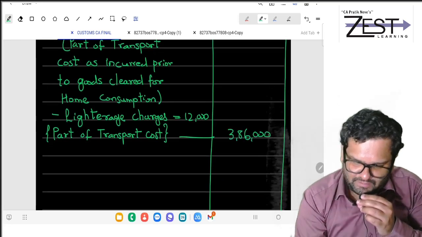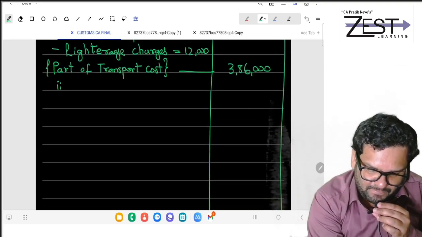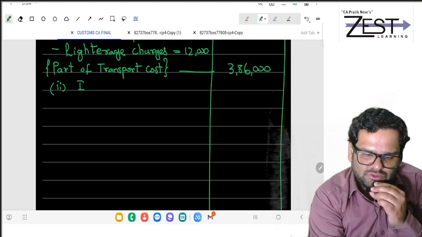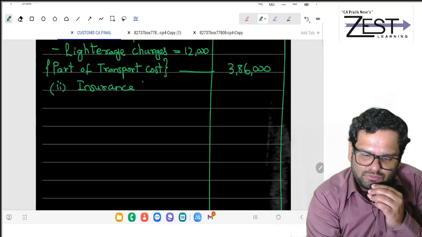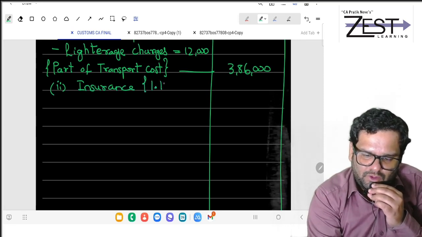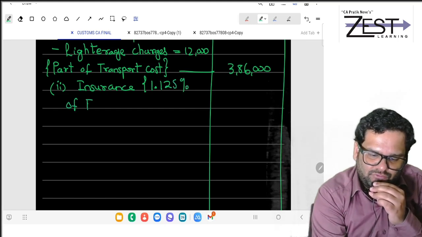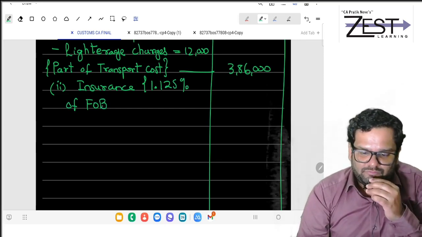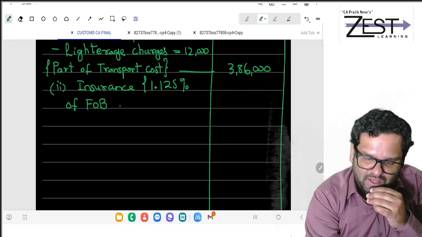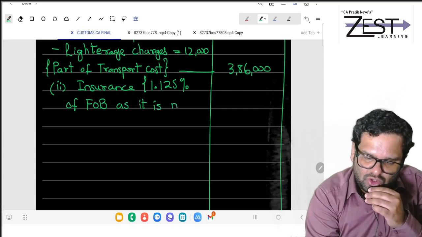Take that and then go for insurance. Your insurance is going to be 1.125% of FOB. Friends, 1.125% of FOB, as it is not known.